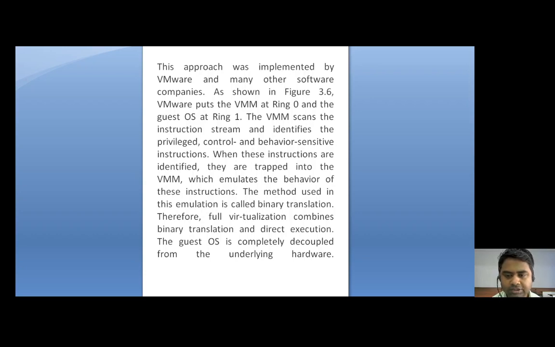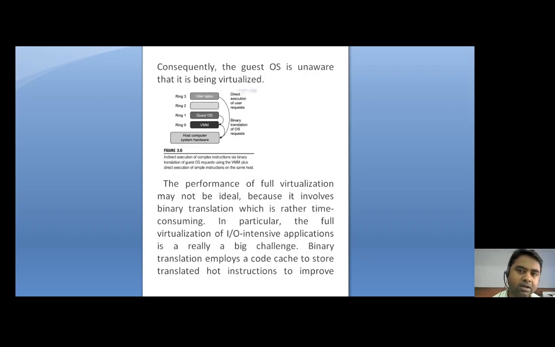Therefore, full virtualization combines binary translation and direct execution. The guest operating system is completely decoupled from the underlying hardware. So here is the figure: virtual machine monitor at ring 0, guest operating system at ring 1, and user applications at ring 3.